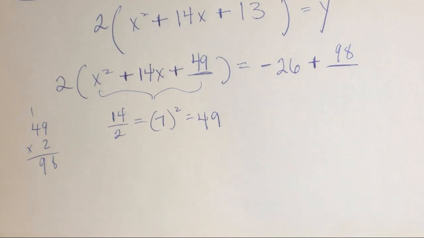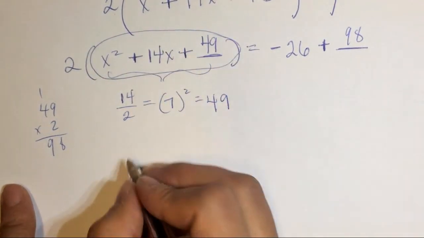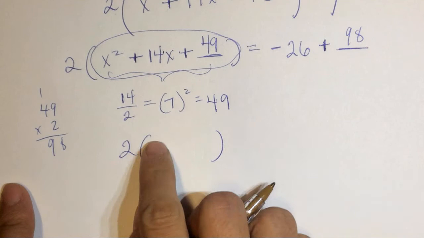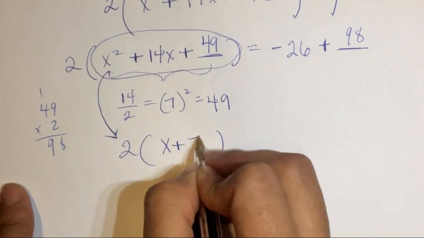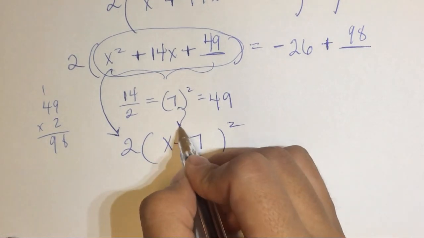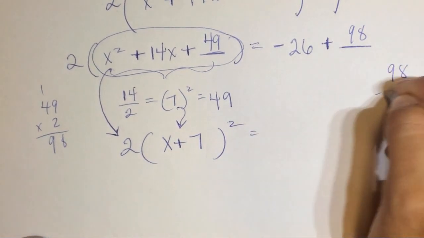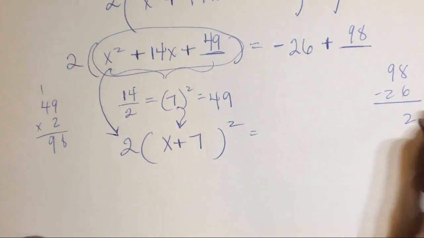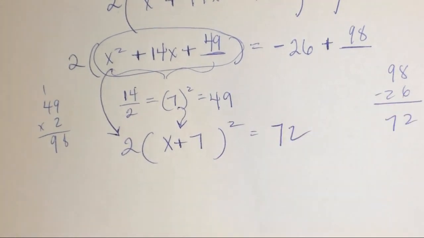Alright, so now I need to factor this out. So my 2 is still chilling. To factor this polynomial, it's going to be x plus 7 squared. Just looking here, what was the middle guy? x plus 7 squared. And then 98 minus 26 is 72. So here I'm going to get 72.